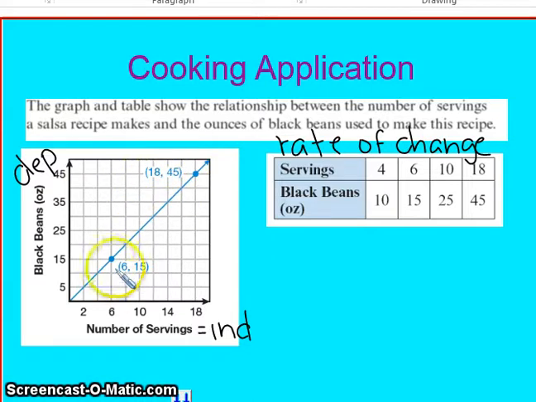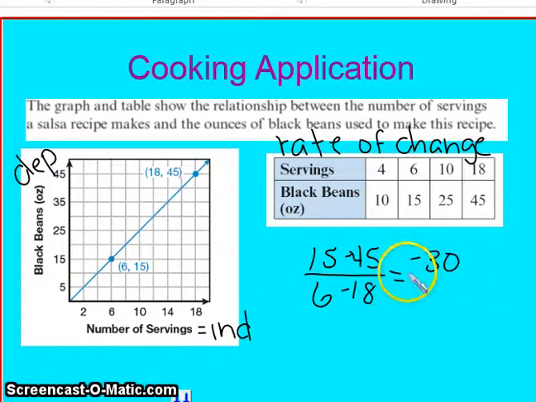So I want to find my difference in my dependent variable here. So 15 and 45. And divide it by the difference in my independent variables, so 6 and 18. Now 15 minus 45 is negative 30, and 6 minus 18 is negative 12.